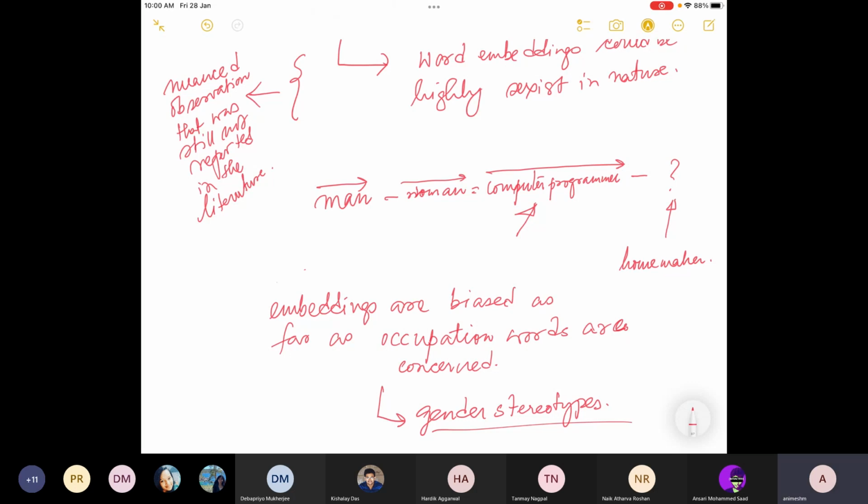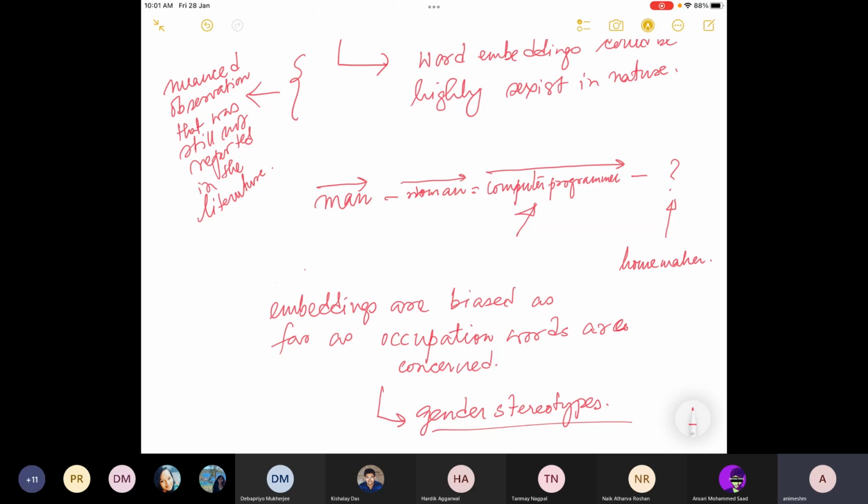So certain genders are associated with certain types of occupations more. And this is also featuring in the embeddings, because the embeddings are generated from data, and this data in turn comes from real life.